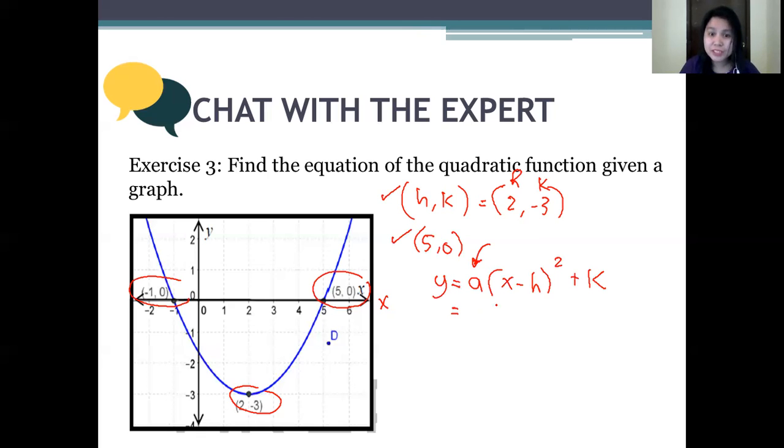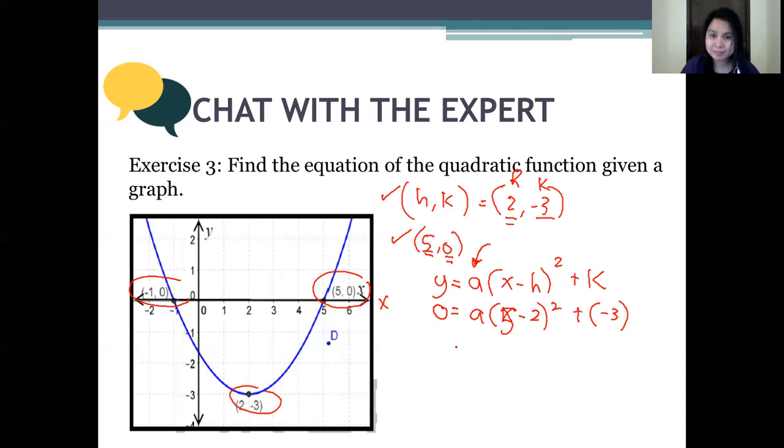The value of our h is 2, so x minus 2 squared, then plus -3 for our k. Remember, our x is 5, so let's substitute x with 5, while our y is 0.